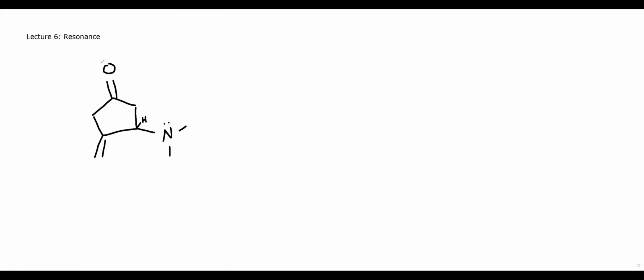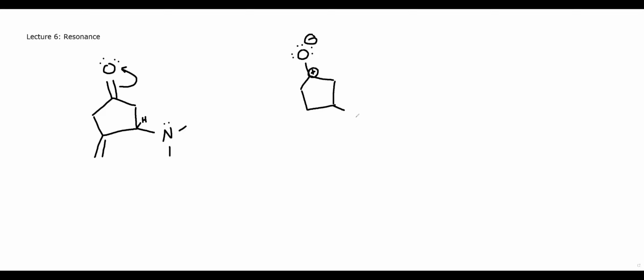So ultimately, all we have is this one resonance arrow to draw. That gives us our five-membered ring bonded to oxygen. Oxygen would have three lone pairs, be negative.